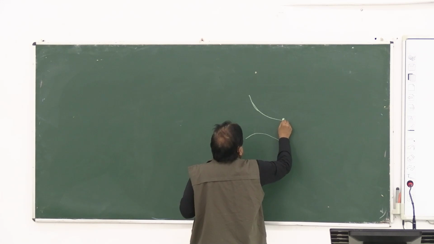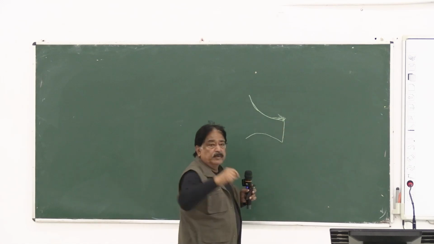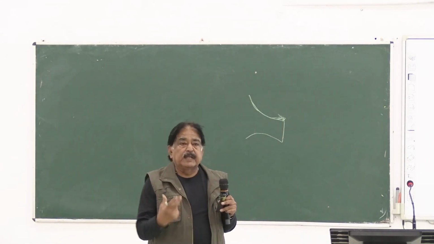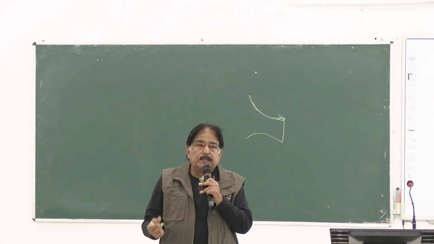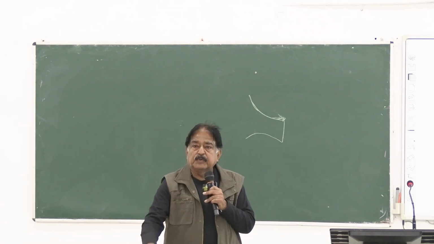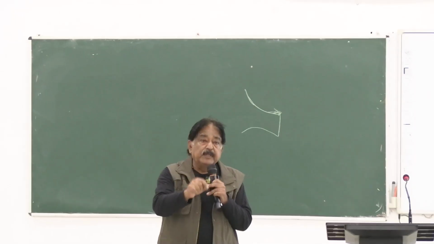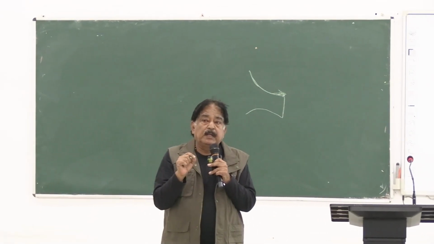You see, when you dissect in the dead body, please take the pelvis with you. Pelvis, you put it beside the dead body and see and feel the pubic tubercle.